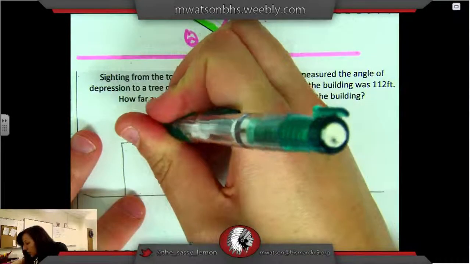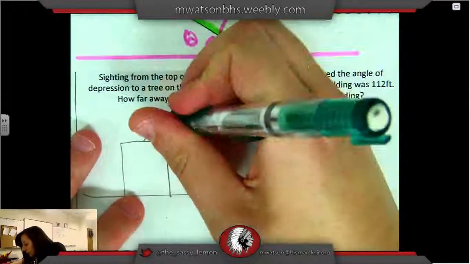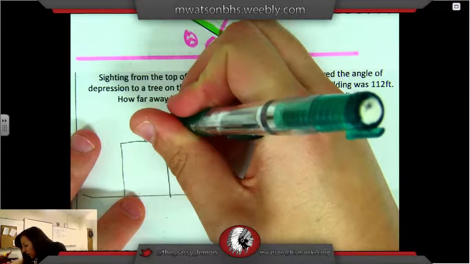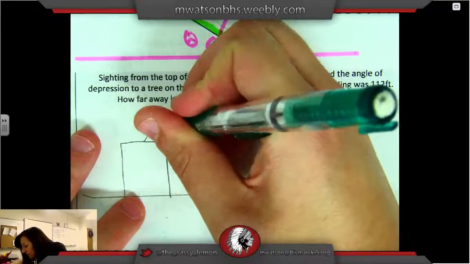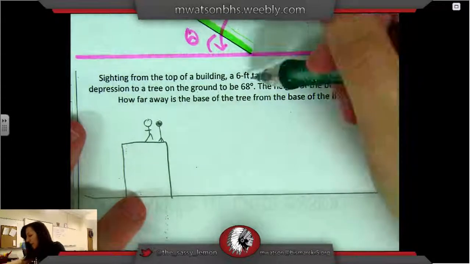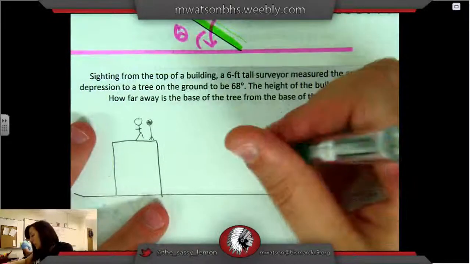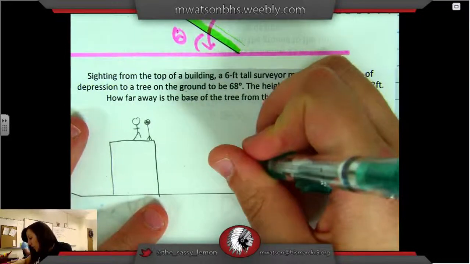So there's a little dude up here, and he's 6 feet tall. And he's looking through a telescope looking thing on a little tripod. Alright, so a 6-foot tall surveyor measured the angle of depression to a tree on the ground to be 68 degrees.